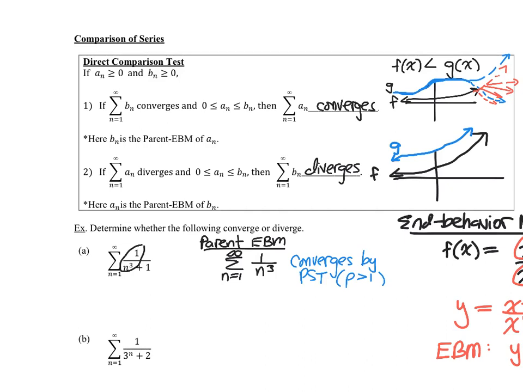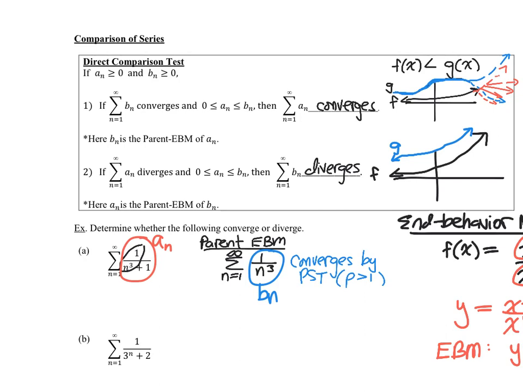So b sub n is the parent function of a sub n. That means this is my b sub n, and this whole expression over here is the a sub n. This size relationship needs to be true. That's the only other condition that needs to be in place here. If that's the case, then I can draw the conclusion that this converges also.